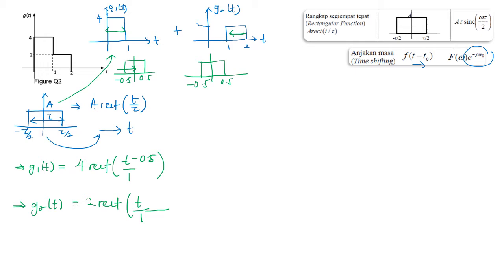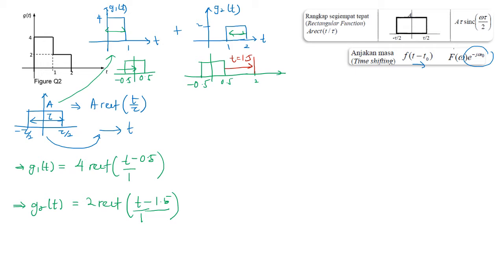Now 0.5 has been shifted until the new location is 2. So t has been shifted by 1.5. Therefore, for g2(t), the shifting t naught is minus 1.5.